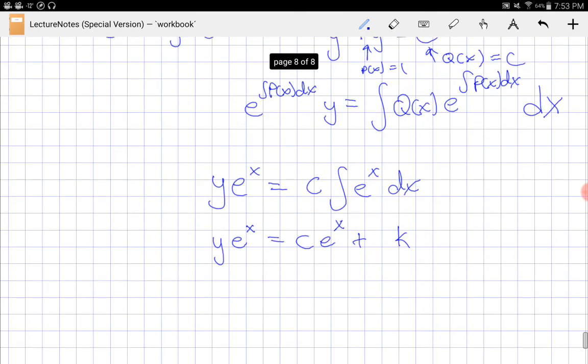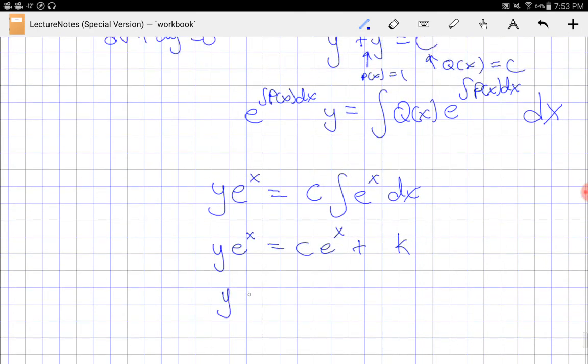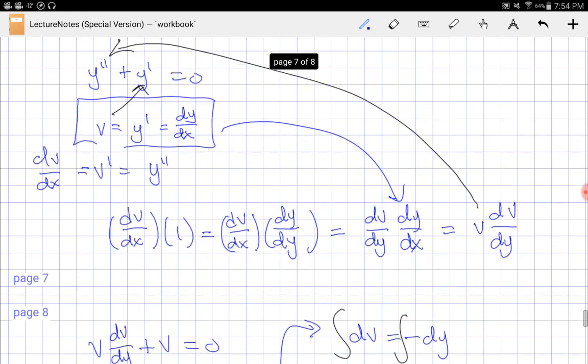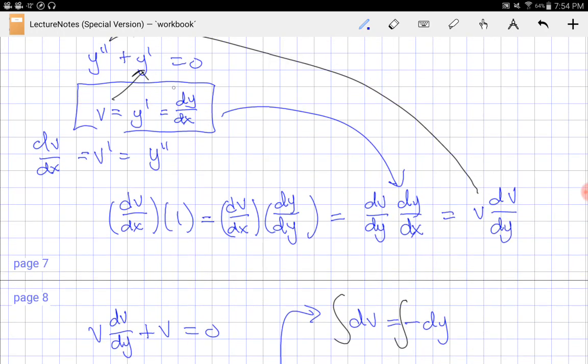And then we can divide the whole equation by e to the x to find that y equals c plus k over e to the x. And that is the final solution of this differential equation, using the method where we take the dependent variable to be missing.